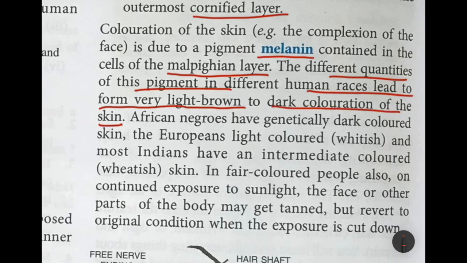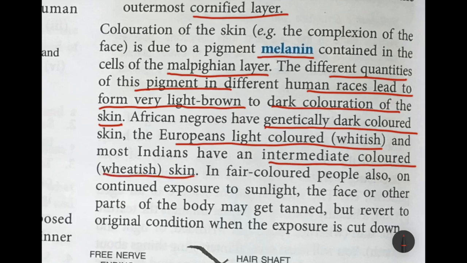African Negroes have a genetically dark colored skin, that means they have lots of melanin. The Europeans, light colored, whitish, have less melanin. And most Indians have an intermediate color, brown or wheatish skin, that is, a medium level of melanin.